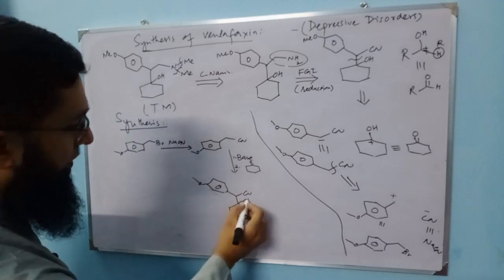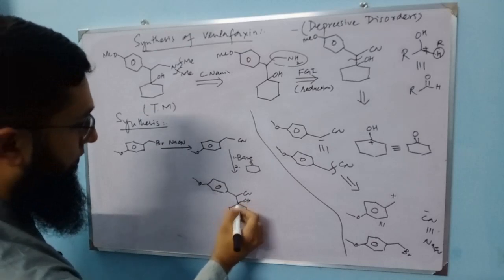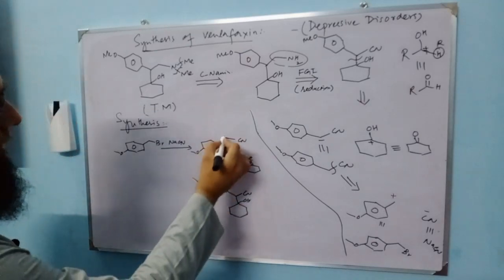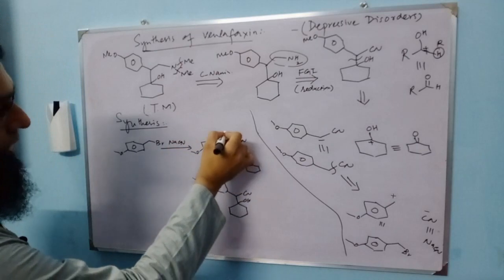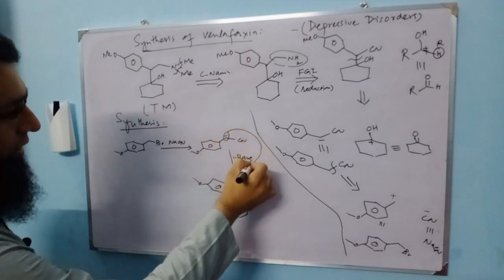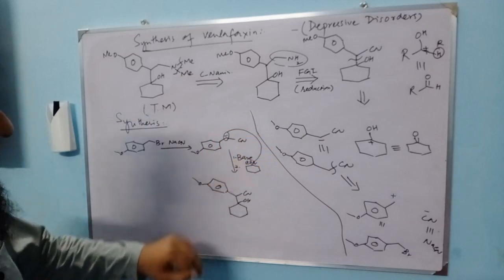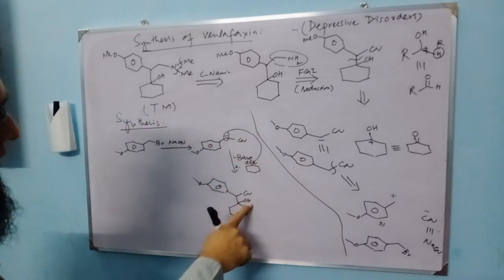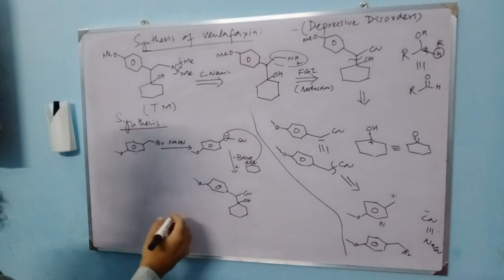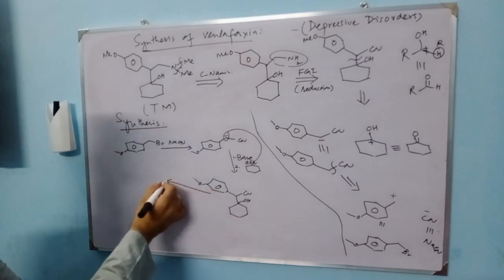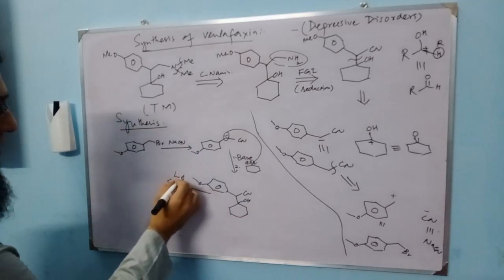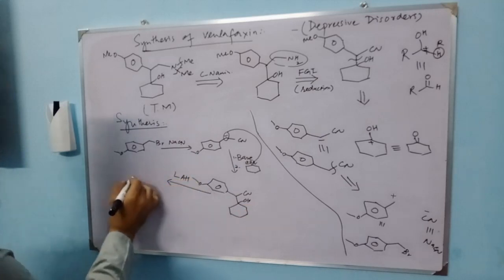So we will get this, because negative charge would be produced when base would be added. So this negative charge would attack here and this O negative would be formed here, and as a result it would be converted into OH upon quenching, and this can be reduced further in the presence of lithium aluminium hydride.